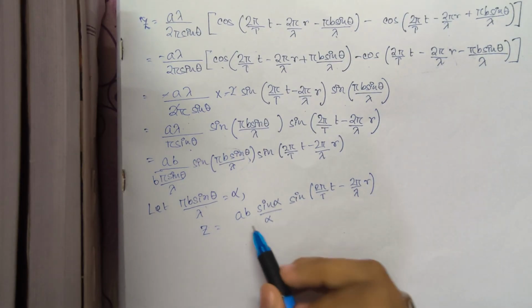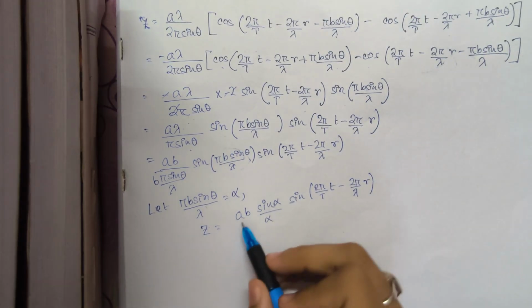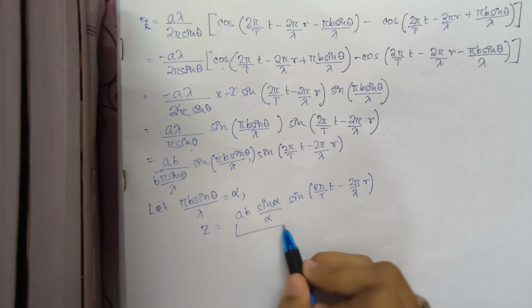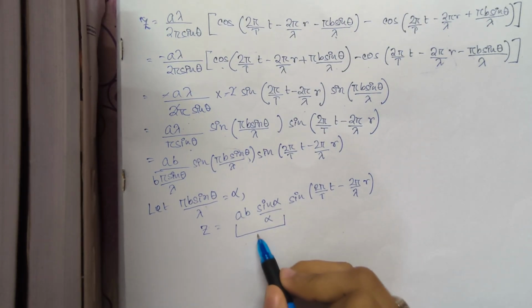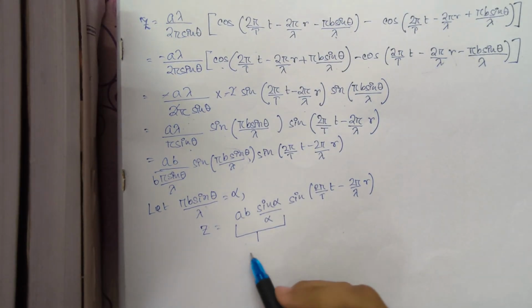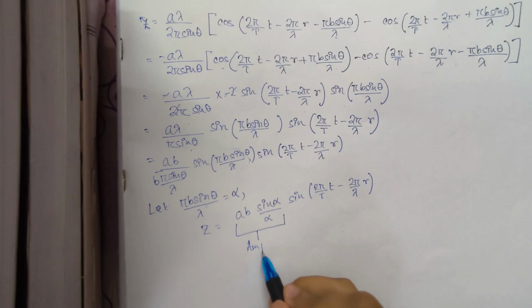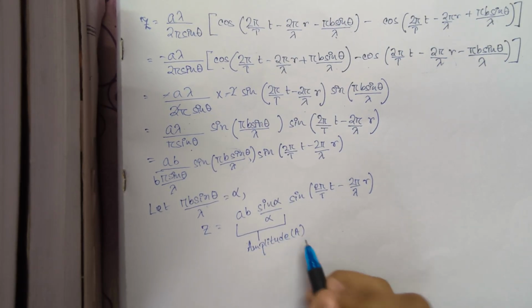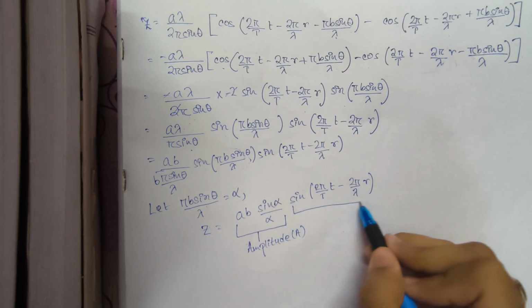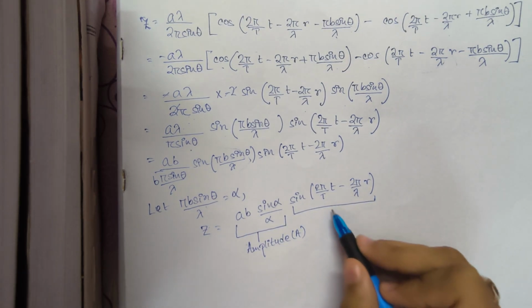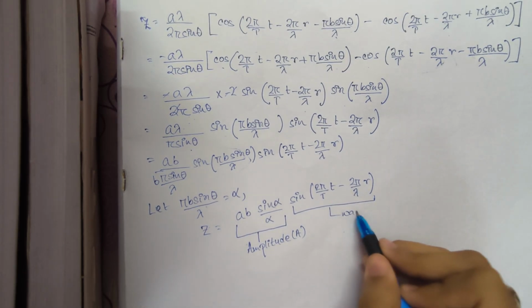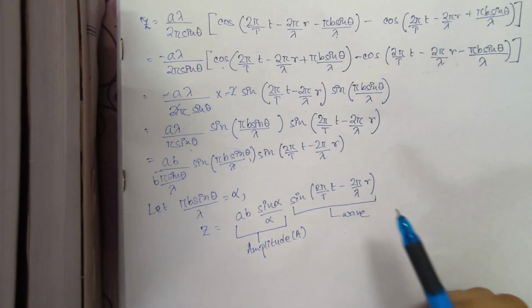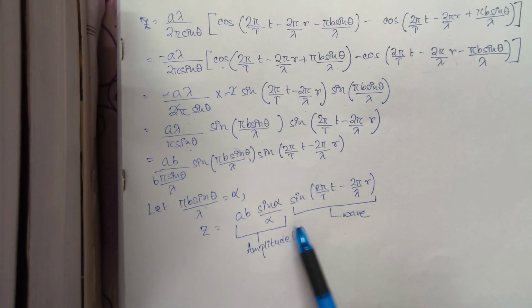Now we can say this a b sine alpha by alpha is the amplitude A, and this one is the wave function, as we have earlier let it be a wave.